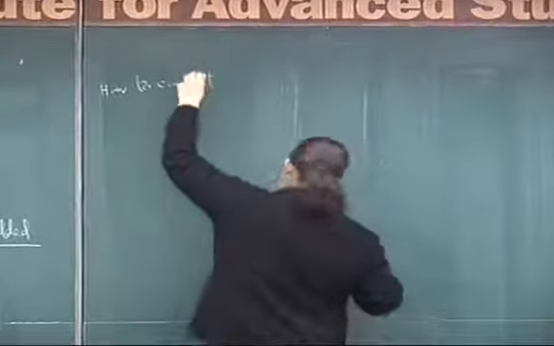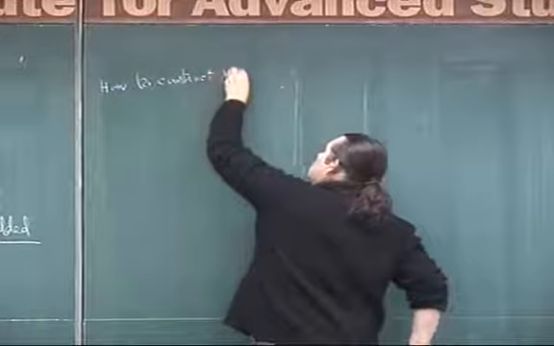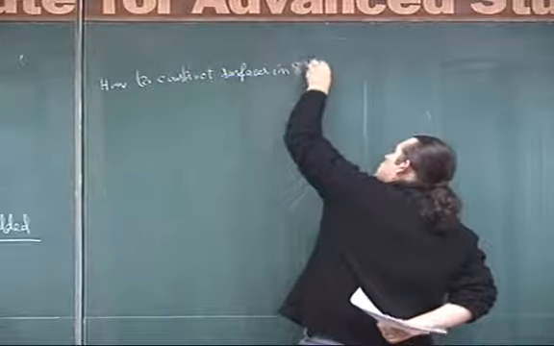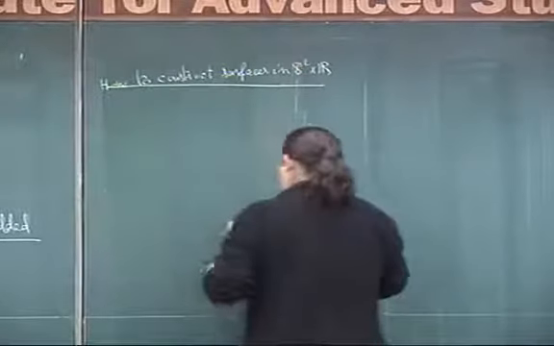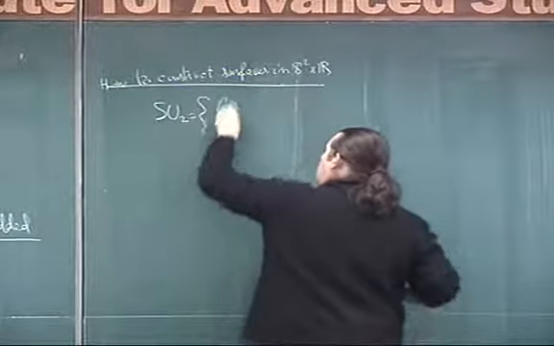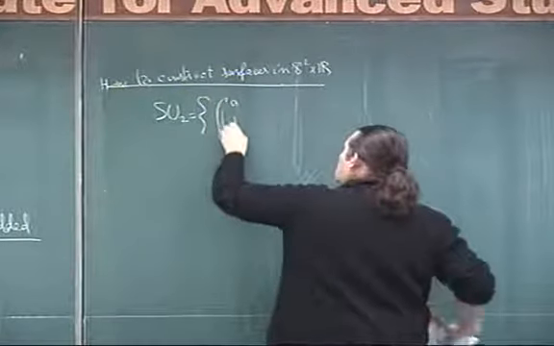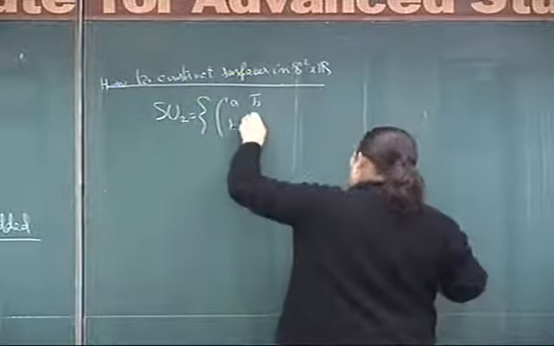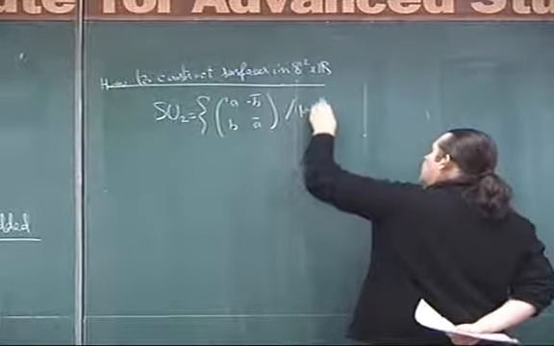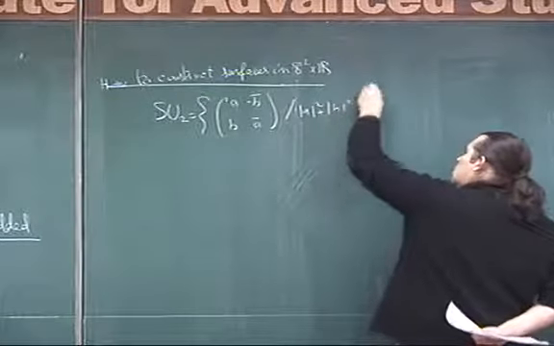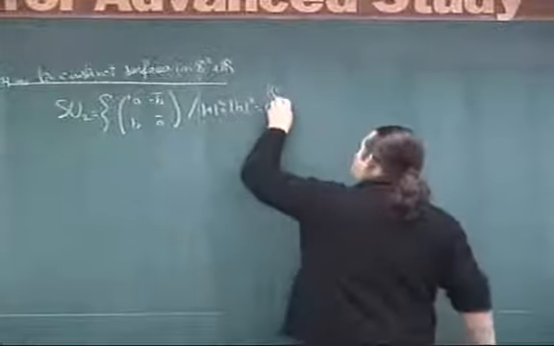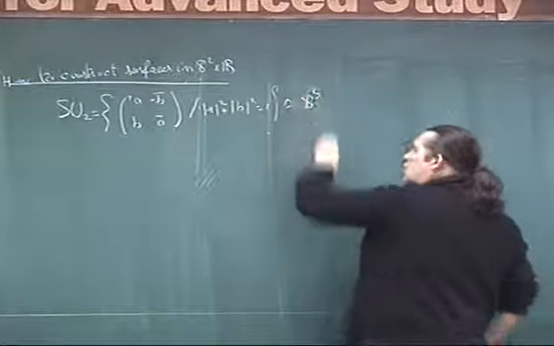First, how to construct surfaces in S2 cross R. First, I am looking at SU2, matrices such that a square plus b square is 1. I remark that it is like S3.